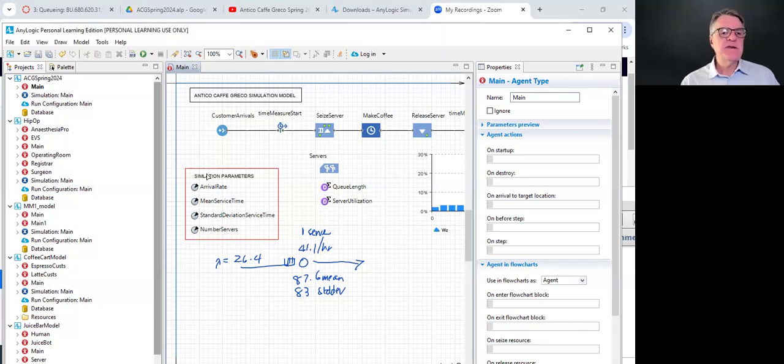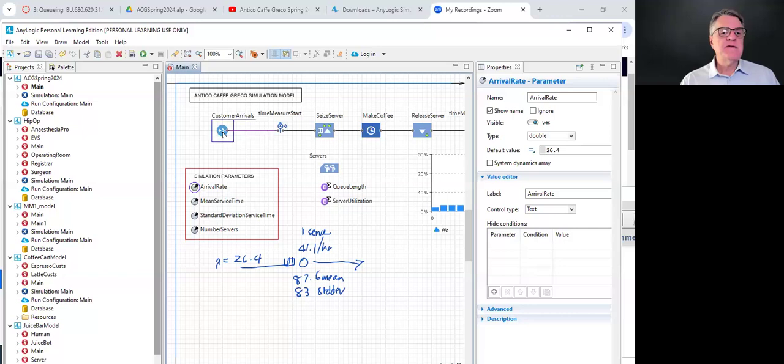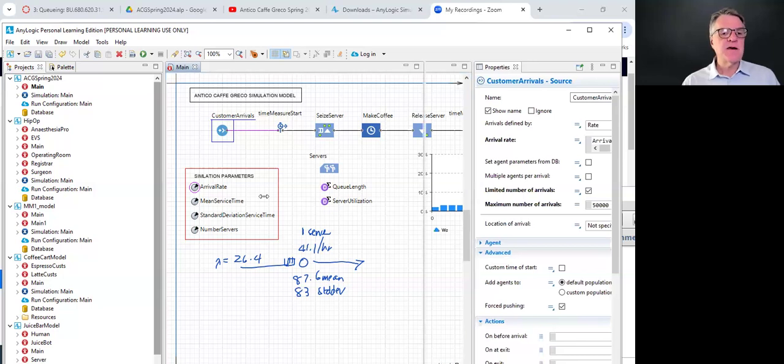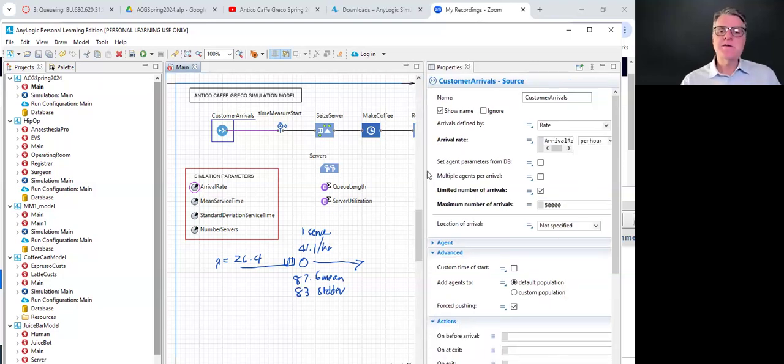And you can see that the arrival rate is specified here in the customer arrivals. I just want to revisit where these things live, just to convince you that by changing it here, in fact you're changing the simulation. There's that reference to the arrival rate, and you could expand this block a little more to just confirm that.